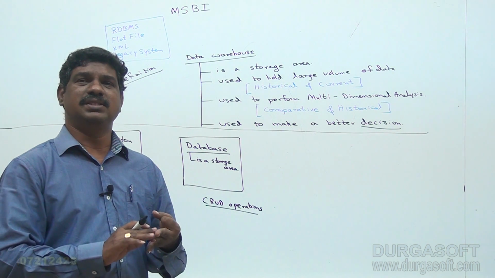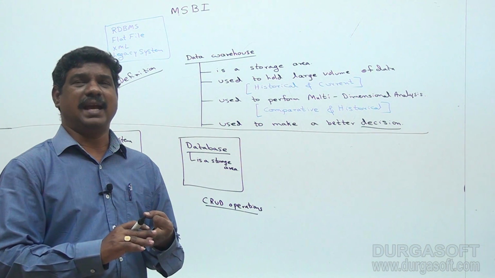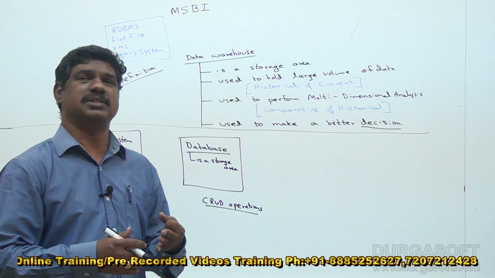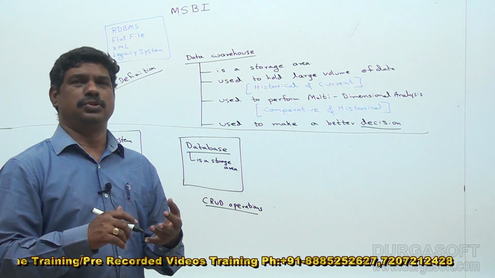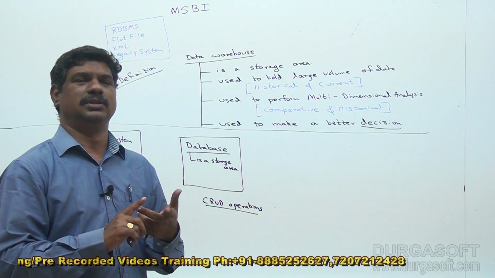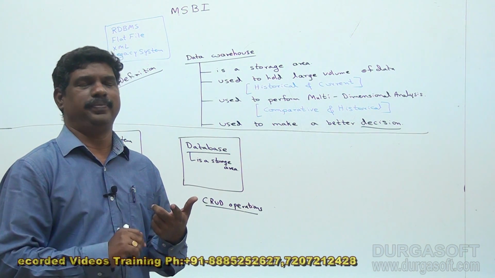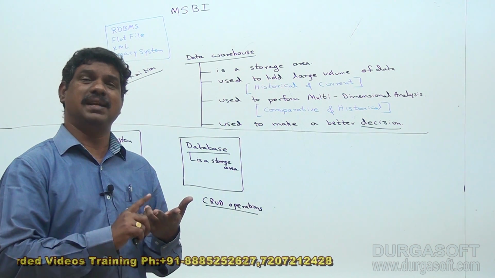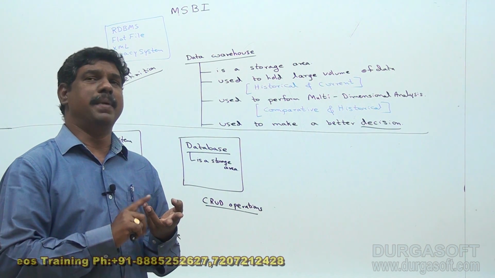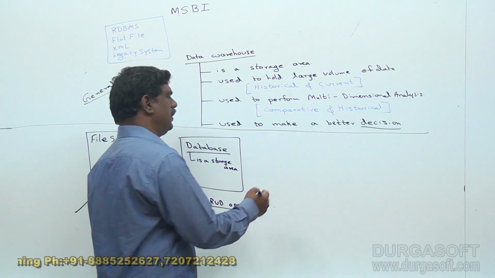Third, accessibility of data: file system access is slow compared to a database, which has faster accessibility. So the three reasons are: a database can store a huge amount of data compared to a file, it provides better security than a file system, and it has better accessibility of data.